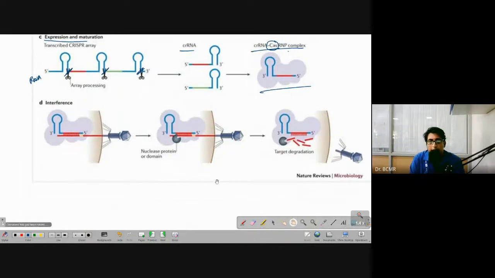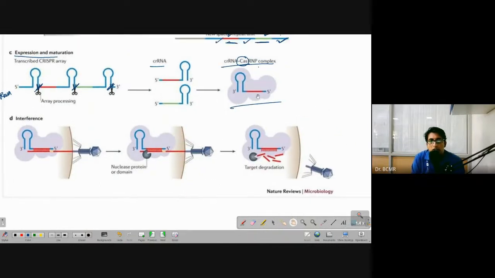And then what does this CRISPR RNA Cas ribonucleoprotein do? If there is a second invasion by the same phage, then in the interference, the CRISPR RNA, because it has sequence homology with this region, will bind to the region like that.